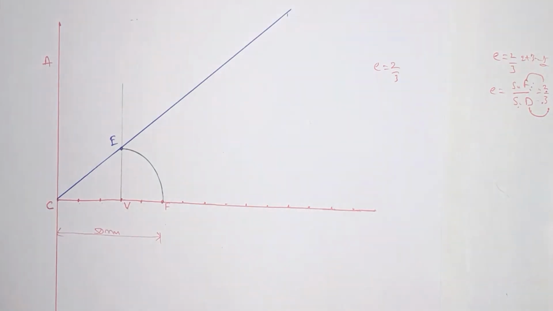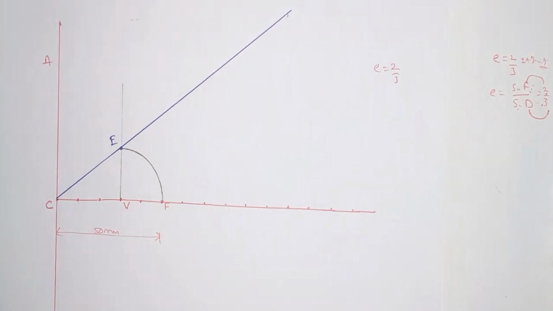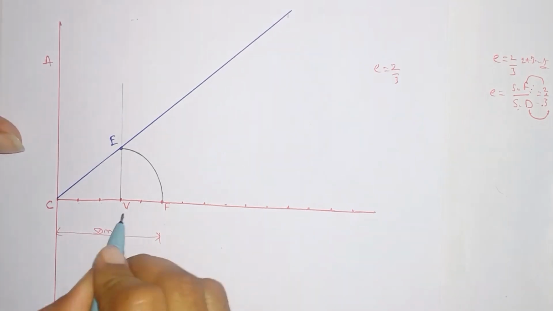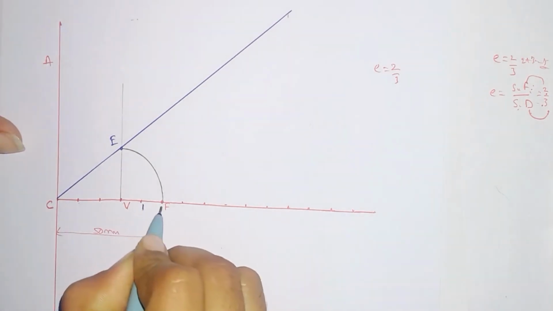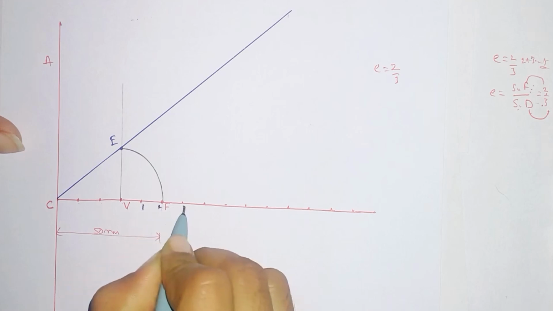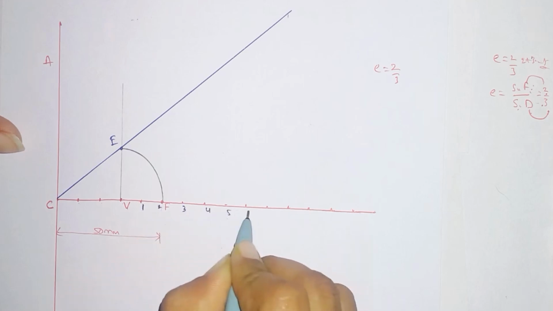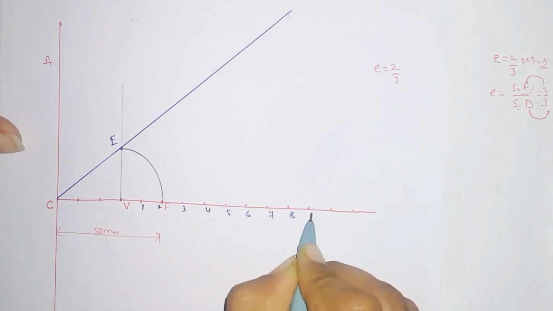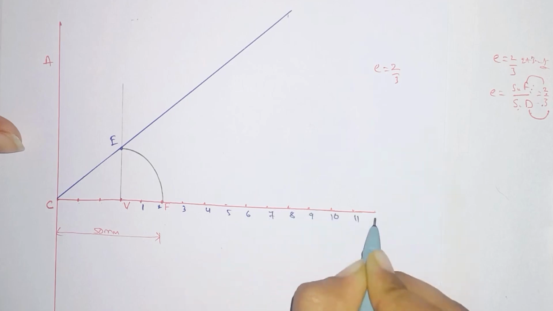Give the points from V2: start with 1 and the F point also, second, third, fourth, fifth, 6, 7, 8, 9, 10, 11 and the 12th point.